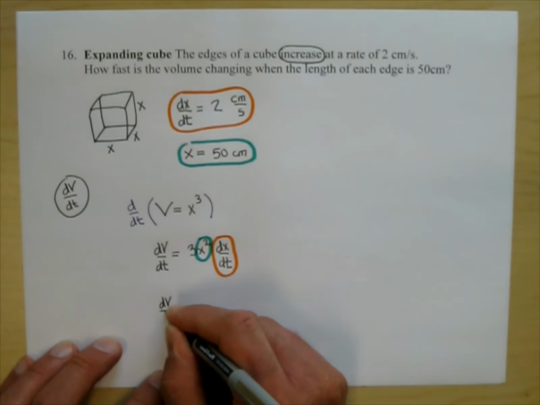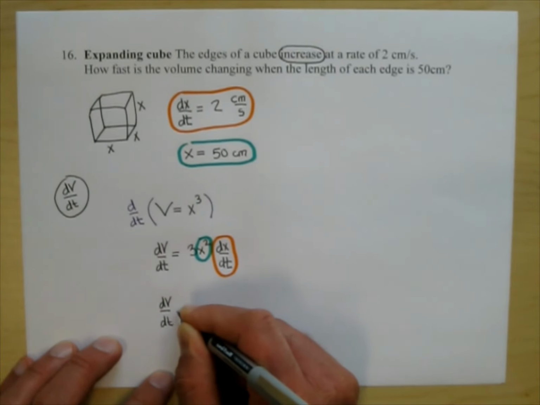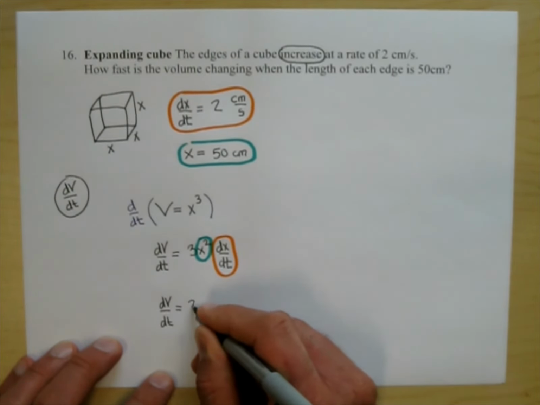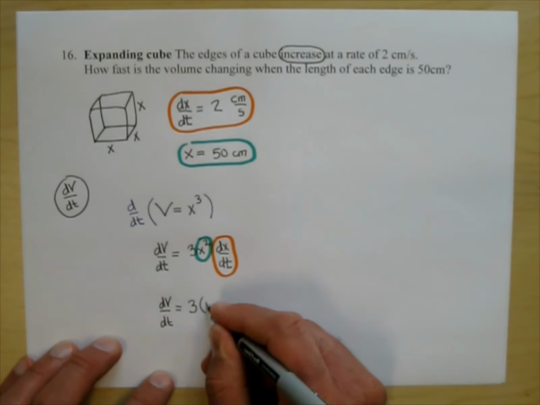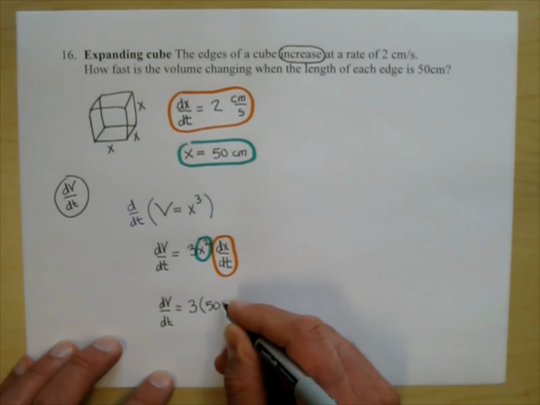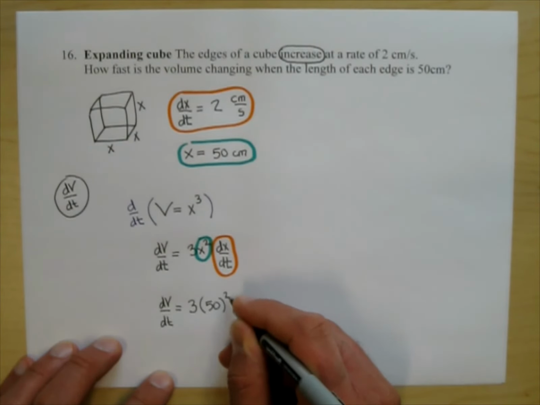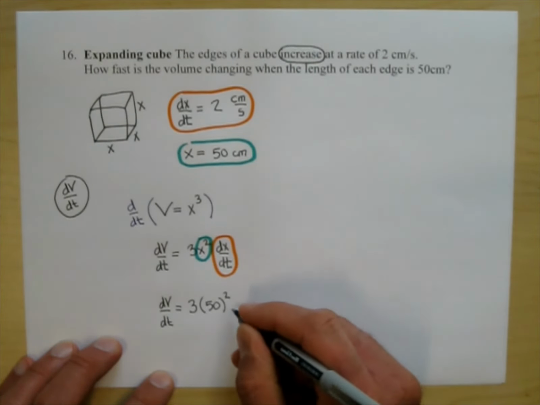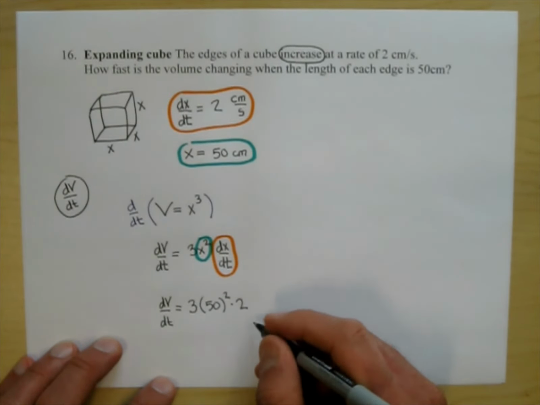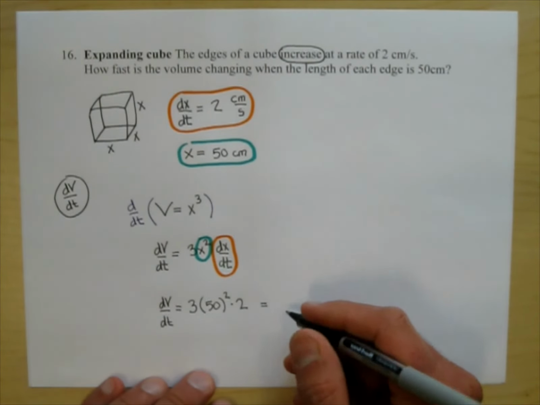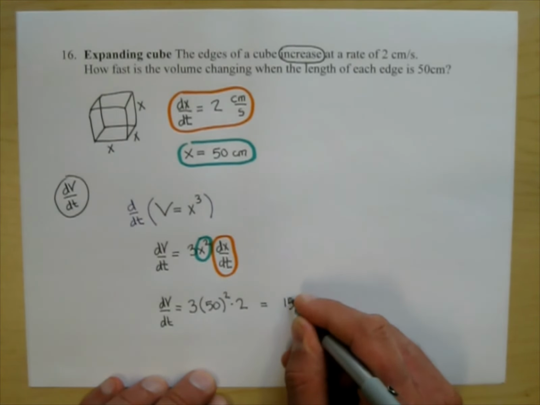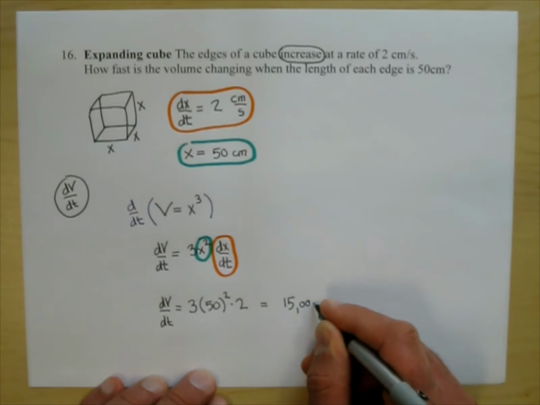So dV/dt equals 3, x is 50, so we have 50 squared, and dx/dt is 2. And so when you crank this out, maybe you put it in your calculator, maybe you do this by hand, you end up getting 15,000.